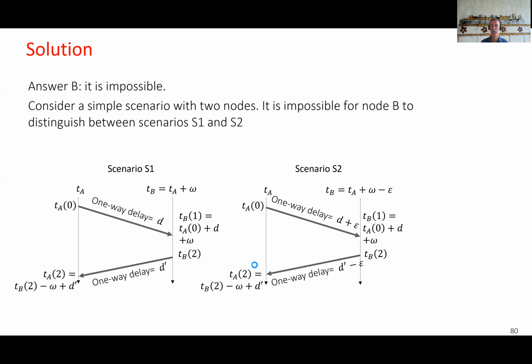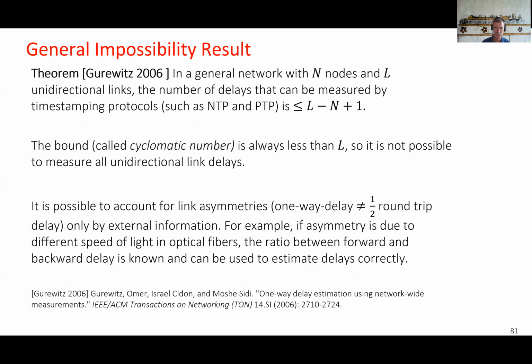We see that it's impossible because there's a confusion between the offset and a difference in the delays. If the delays are asymmetric, then the asymmetry can be confused with a difference in offset. So the moral is that it's impossible.